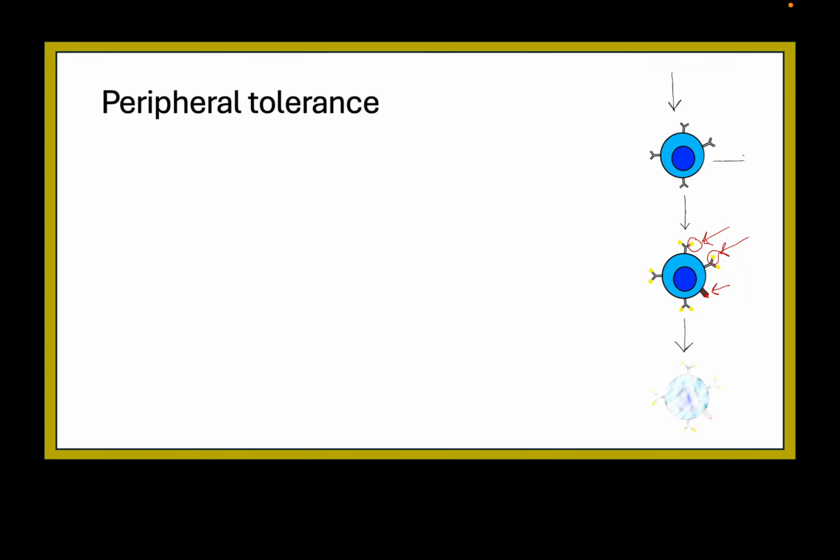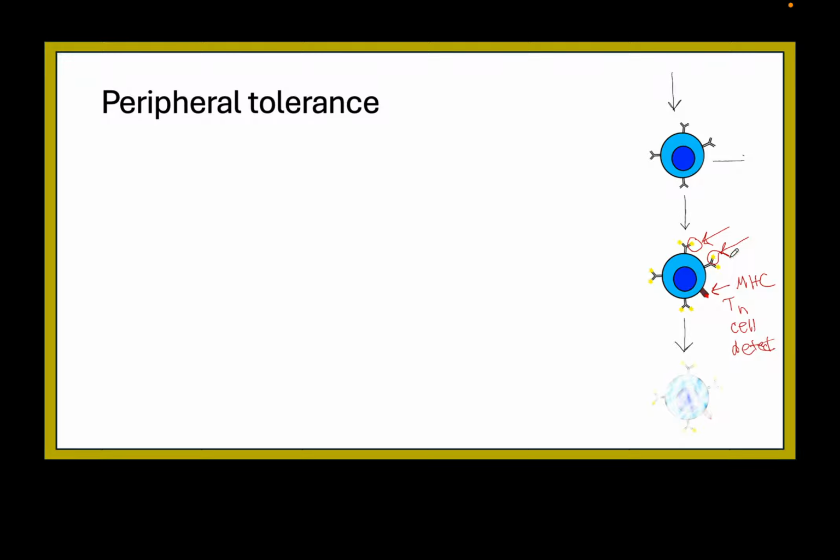So we have here a receptor, or it's really an MHC protein, that is presenting an antigen for the nearby T helper cells to detect.